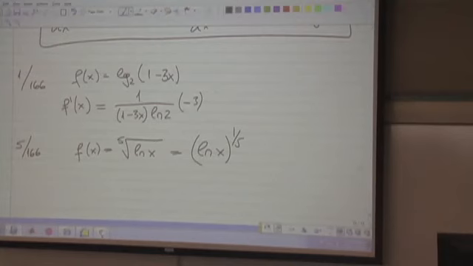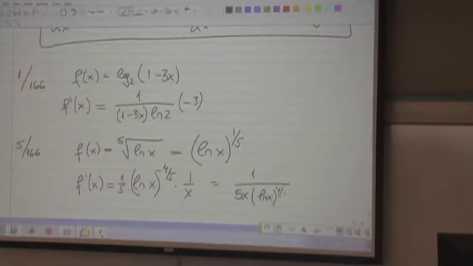It's ln of x as a function raised to the 1/5. So what is the derivative? One-fifth ln of x to the 4/5 times 1 over x. Okay? And so we have 1 over 5x times ln of x to 4/5.